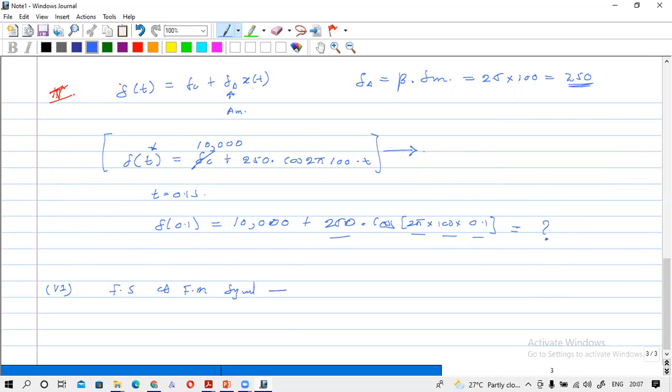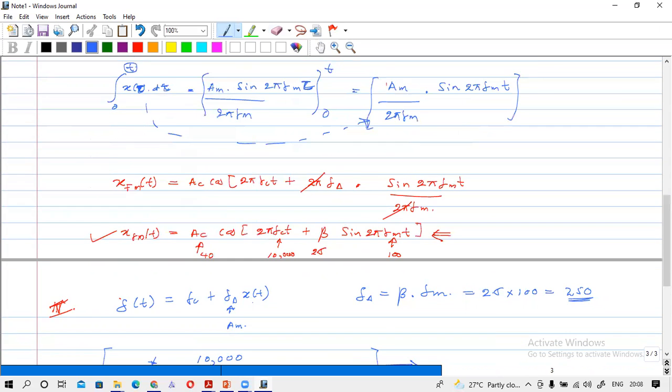This is for tone modulation, where only one tone is used as the message signal. In other words, we choose a sinusoidal signal as the message signal. That is single tone modulation.